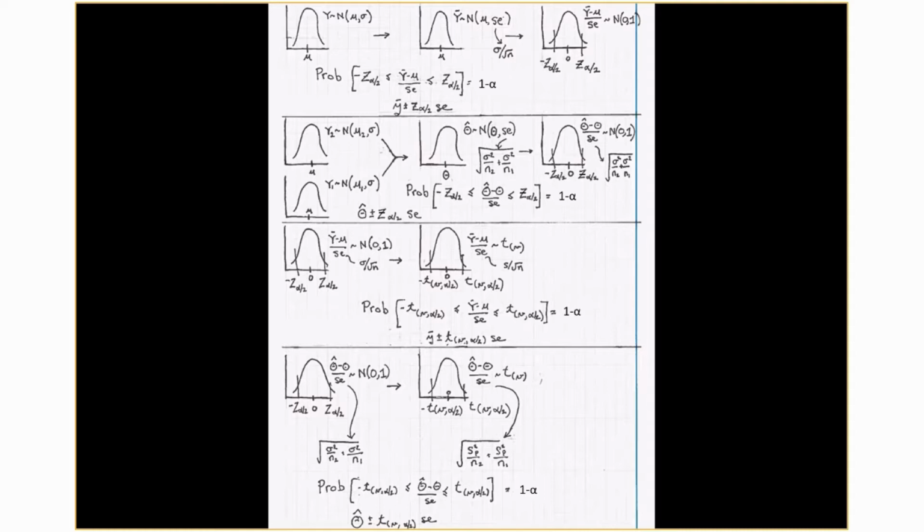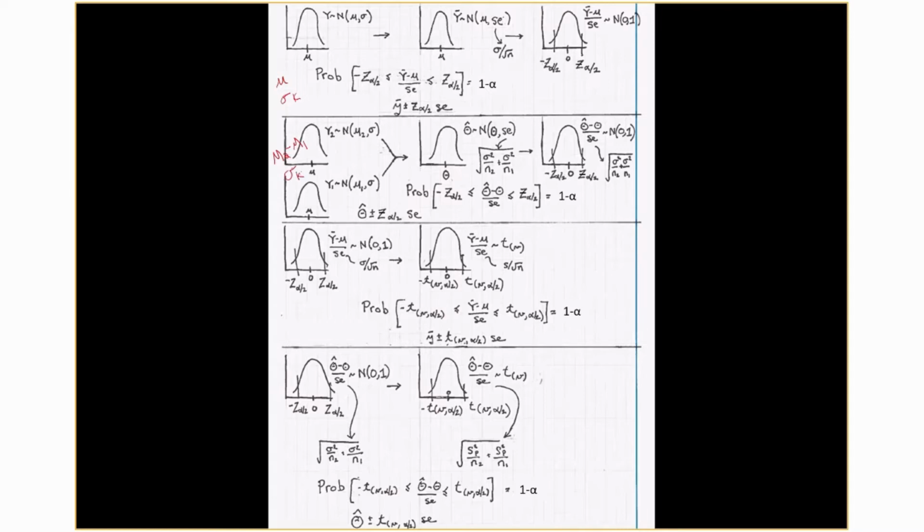So what this figure shows are the 4 different scenarios in 4 different panels. Here we've got an attempt to estimate the population mean mu when the population standard deviation is known. And here we've got an attempt to estimate the difference between 2 population means when they've got the same standard deviation and it's known.